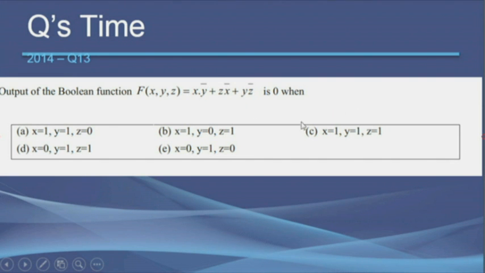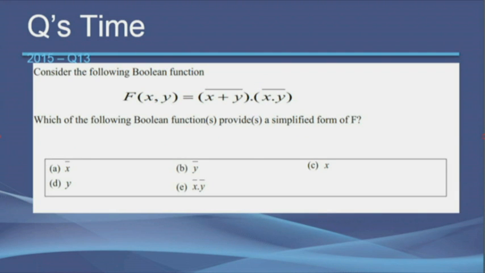Actually this option is available, x equal 1, y equal 1 and z equal 1, which means all the bars become zeros. Since these are products, you come up with 3 zeros, which means the function will be 0. So the correct answer is C.